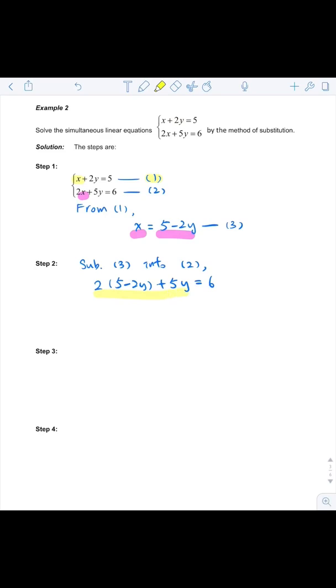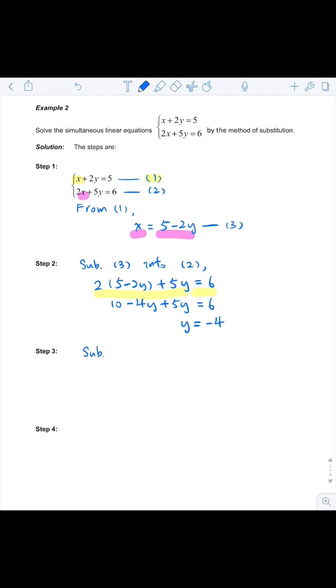So here, this is one equation in one unknown, and then we can solve for y in this case. And we will get y is equal to negative 4.